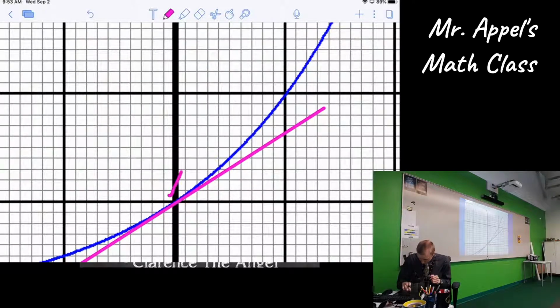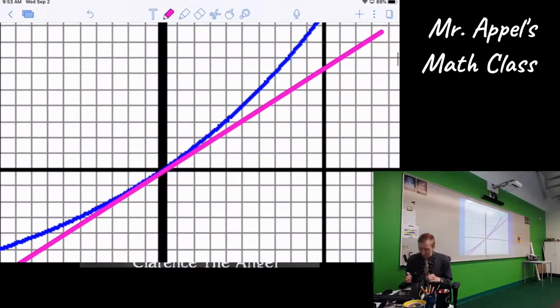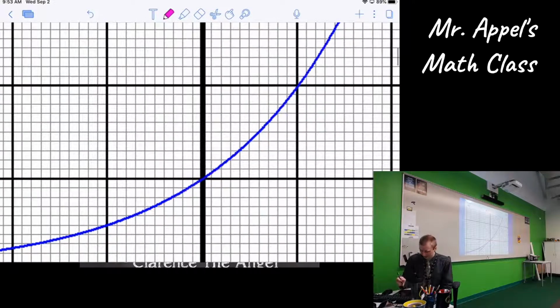And so if I were to zoom in and zoom in as far as possible, we would get as close as possible and touch it just once. This line here is not a tangent line because it touches the graph at 2 points. One here and one there. So that would be a secant line.